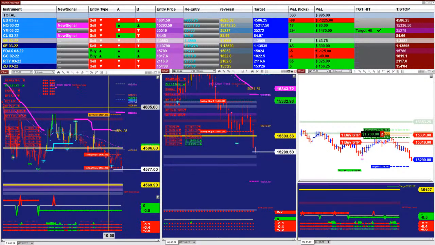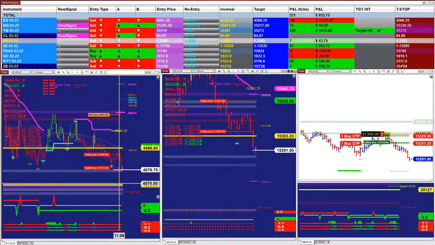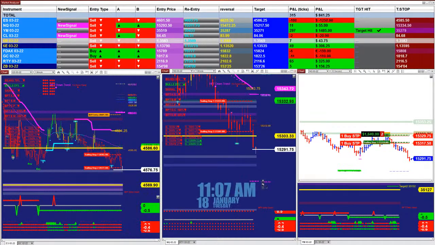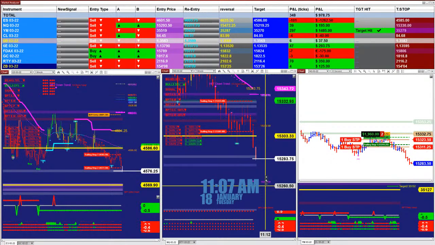What we said about the ES final destination today is 4570. What time is it right now? 11:07. The minute this market hits the 4570, I'm done for today, and there is nothing left. Plus or minus a couple of bars, we are not Houdini to predict down to the last tick.